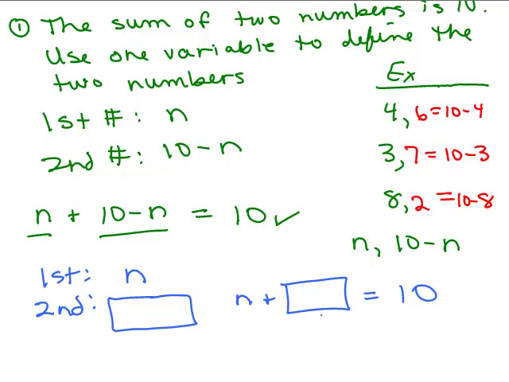And how am I going to solve for that box? I'm going to have to subtract n from both sides to get the box by itself on one side. So if I subtract n from both sides, what would go in the box is 10 minus n. That's what would go in here, 10 minus n. So there again, if the first number is n, the second number would be 10 minus n.